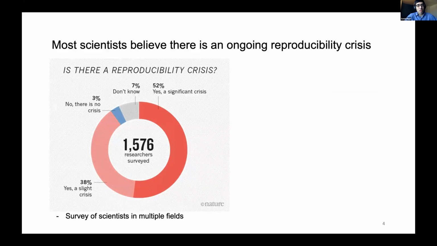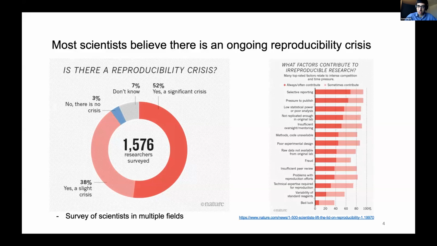As evidence of this, a lot of scientists actually believe that there's a reproducibility crisis. Maybe you've heard about this, but there was a survey done in Nature showing that a majority of scientists believe that there's a reproducibility crisis in their respective fields.